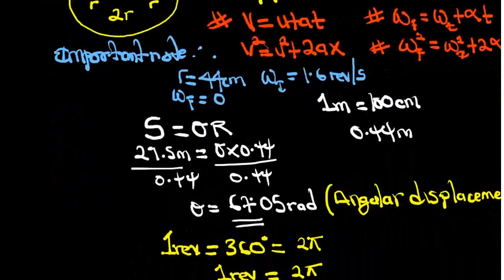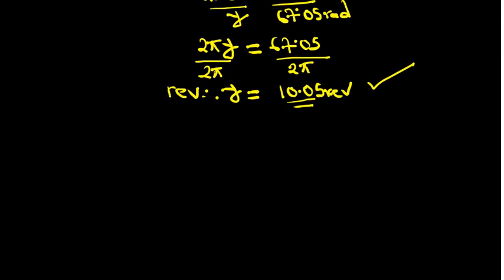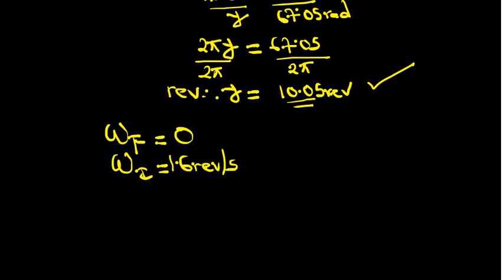We have been given that the final speed is equal to 0. The initial angular velocity is equal to 1.6 rev per second.